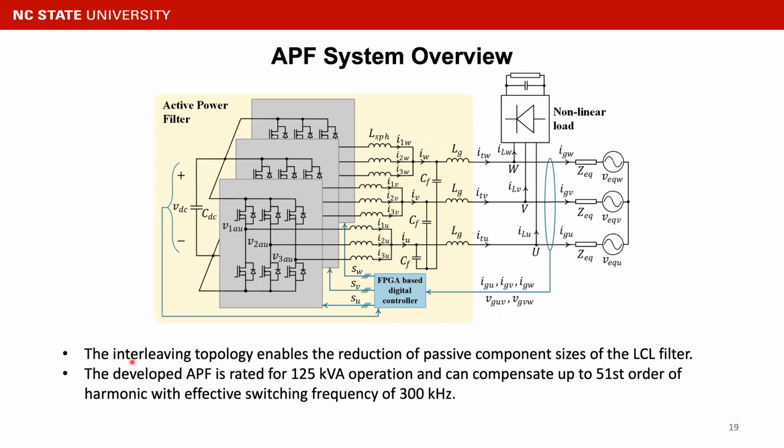And we utilize the interleaving topology, which enables the reduction of the passive component sizes of the LCL filter here. The developed active power filter is rated for 125 kVA operation, and it can compensate up to the 51st order of harmonic with an effective switching frequency of 300 kilohertz.